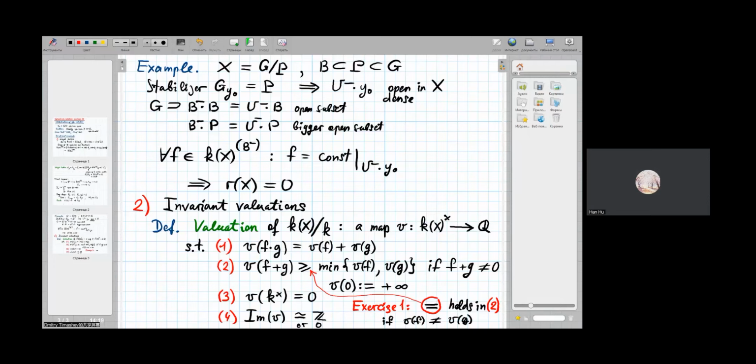In this case, you can express the value of f plus g as the minimum of v of f and v of g. It is not hard to deduce from other properties and from this property just by definition. So it is an exercise for you. But it is an important addition to property 2. So we shall use it.